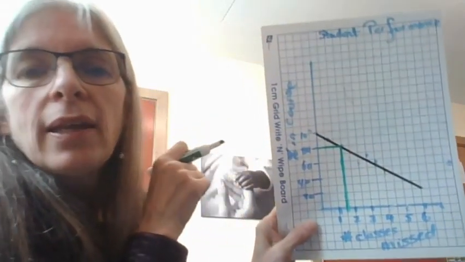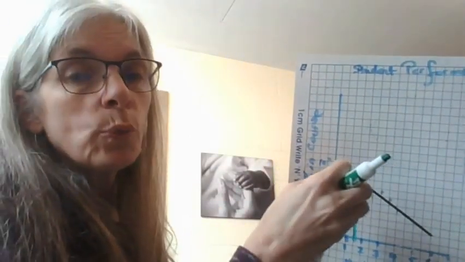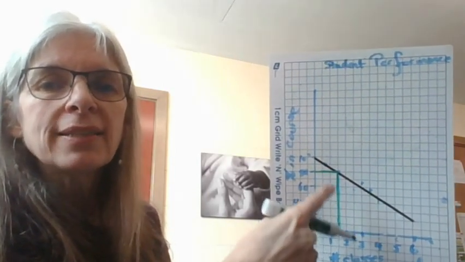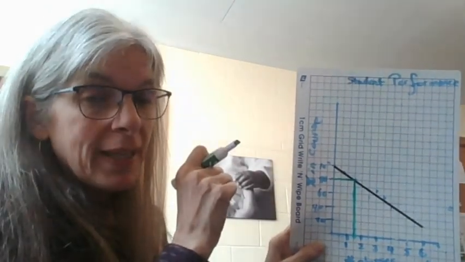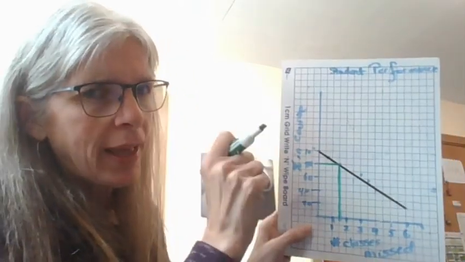And when I do that, the mark is 80%. So by interpolating, that's information from within the data that you've been given, I've discovered that 1.5 classes missed, you'll probably get an 80%. That's not really true. This is just a simple graph I've made.